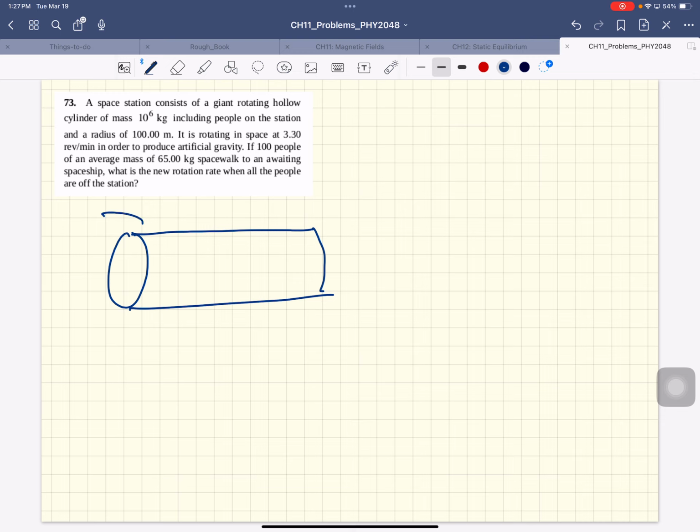The space station is spinning. So here's a side view.